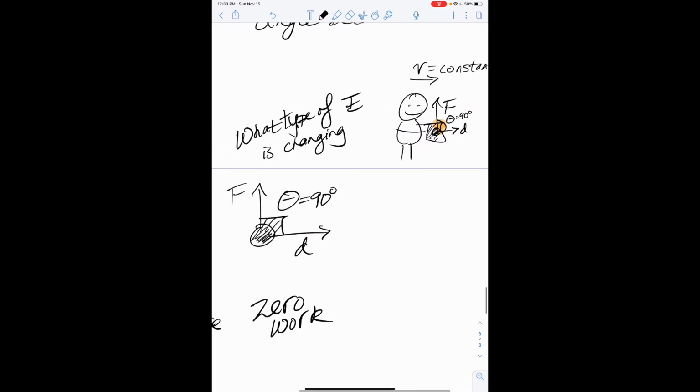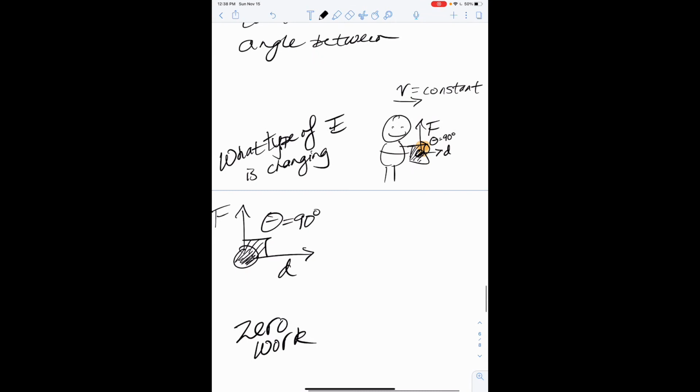And if this doesn't make sense to you, well, what type of energy in this situation is changing? And you might say, well, potential energy. Well, that's not true, because this box isn't moving up or down. Its distance is moving right. Kinetic energy? Well, that's not true, because v is constant.